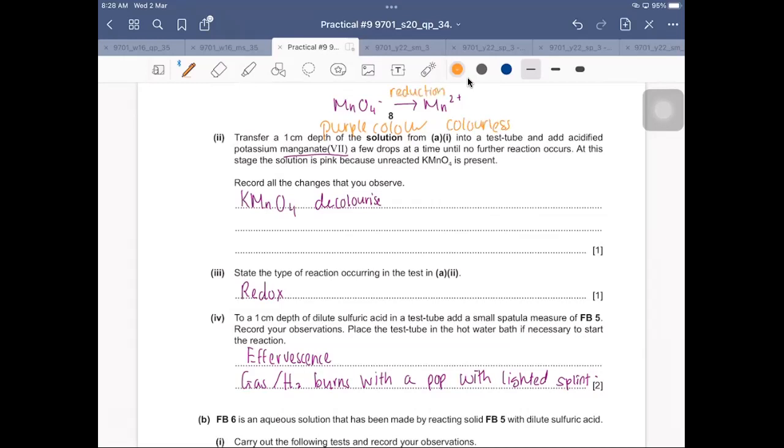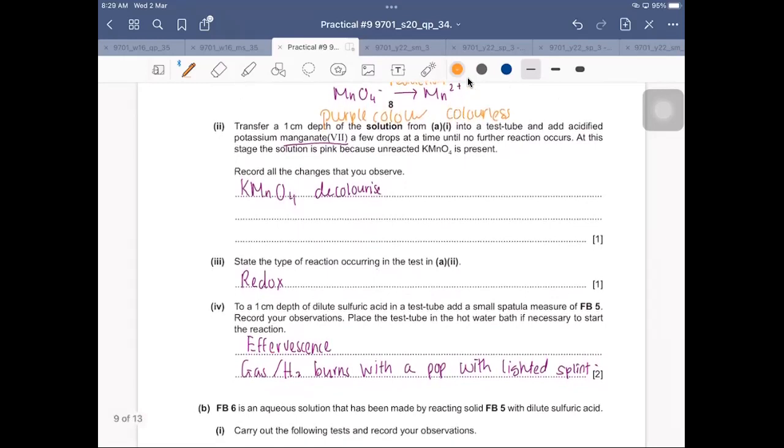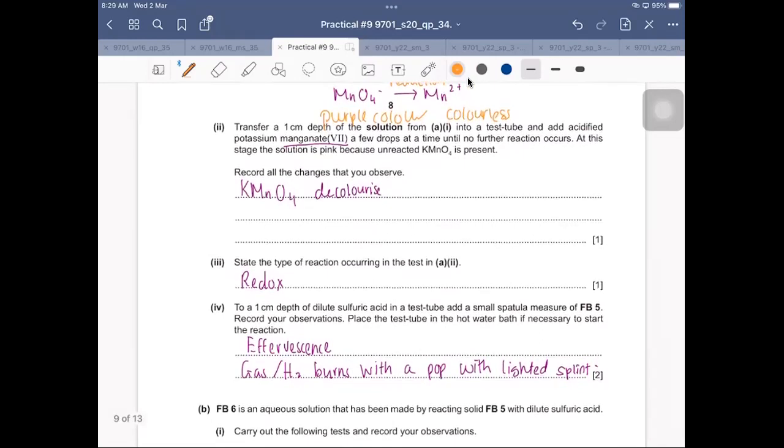Okay, sometimes you will need a little bit of theory of your redox equation, okay? Especially for your question. Right, adding sulfuric acid to the unknown solid, that means there is an acid plus something to form a hydrogen gas. So if you know that it's a hydrogen gas, the solid must contain a metal. Why?